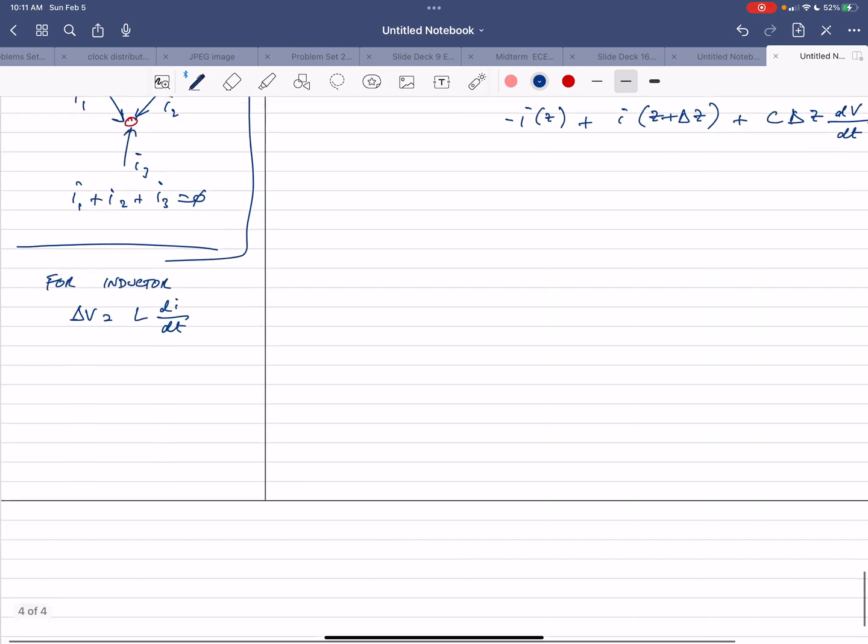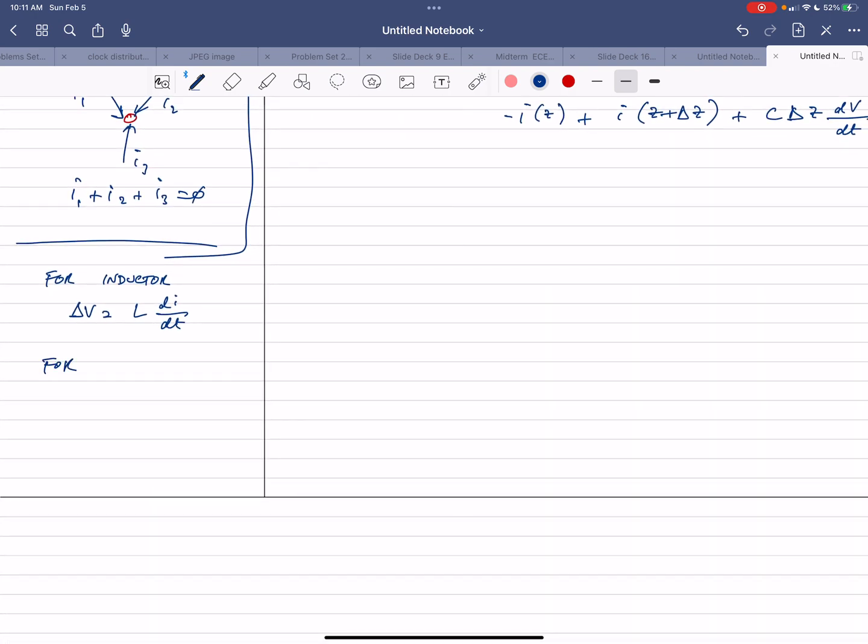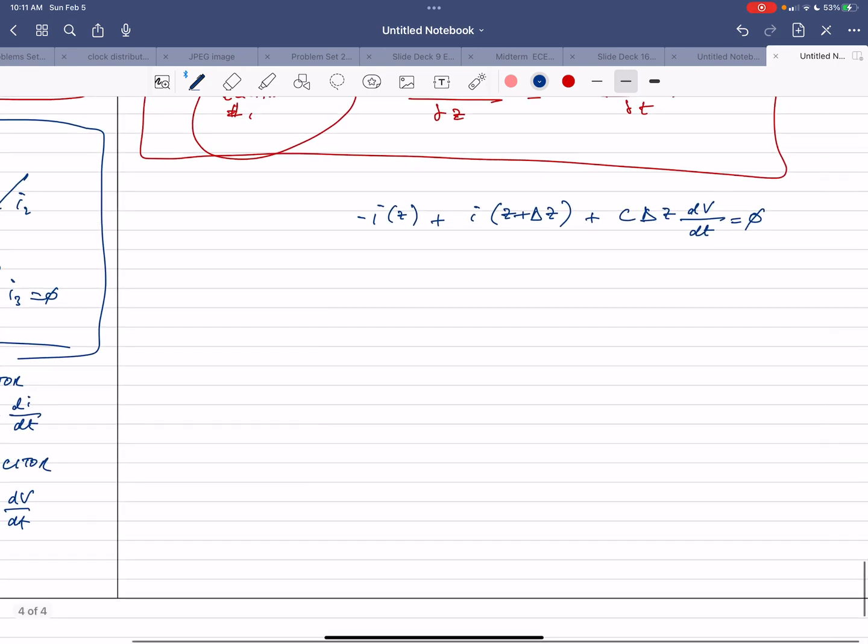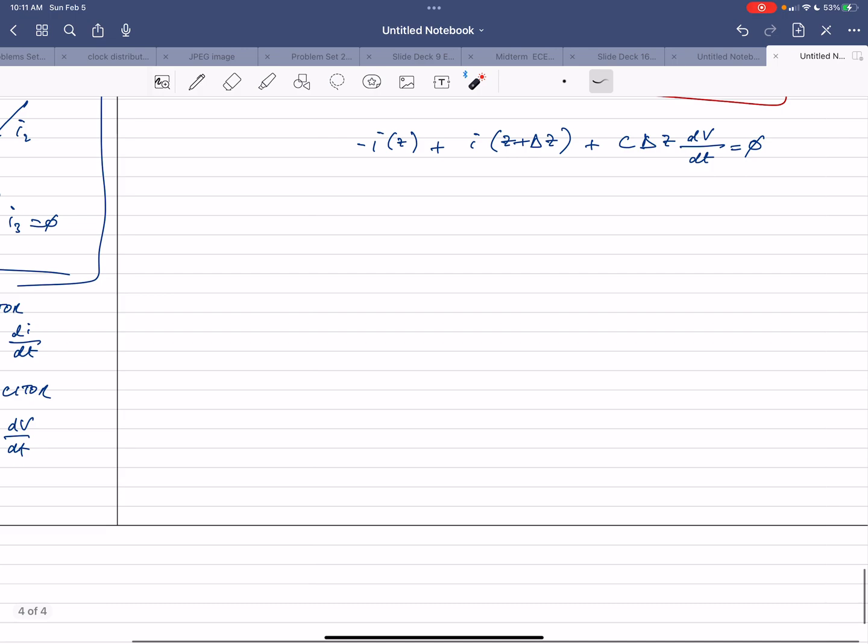As an aside, for a capacitor, I is equal to C dV/dt. So this current is the capacitance for that section times dV/dt. That equals 0.